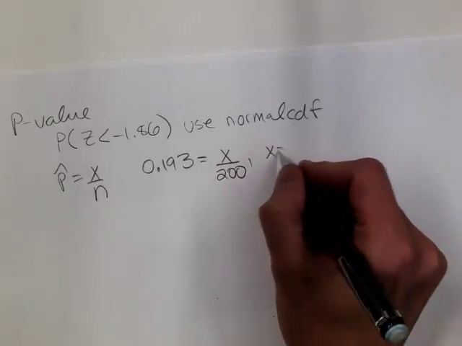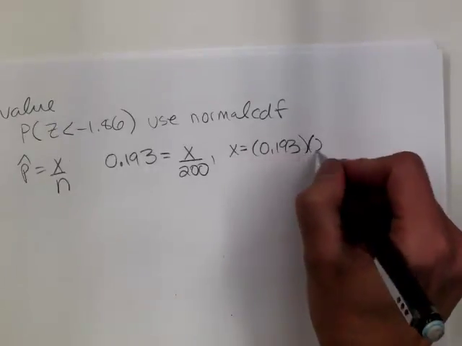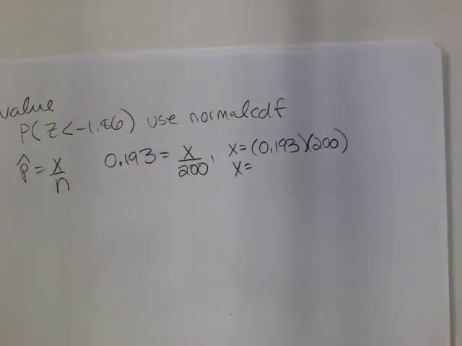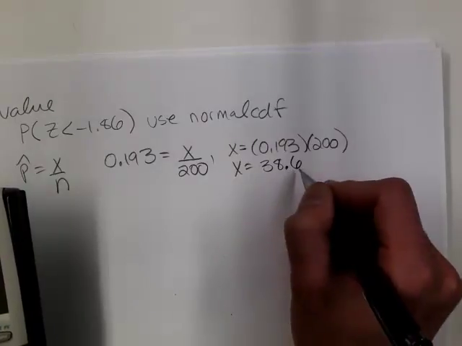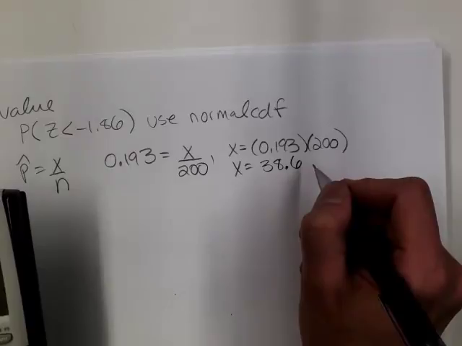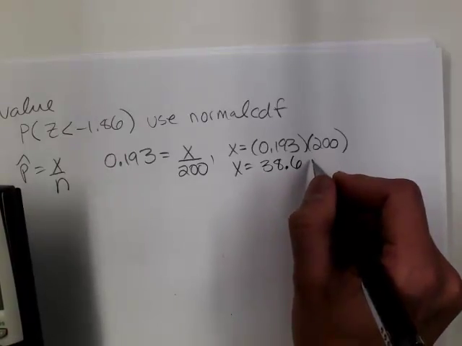So x is going to be equal to 0.193 times 200. In other words, I need the number of successes out of 200 to get that in the calculator. So 0.193 times 200 is 38.6. Now the calculator's not going to like that. It's going to be expecting a whole number. So let's go ahead and round that to 39.